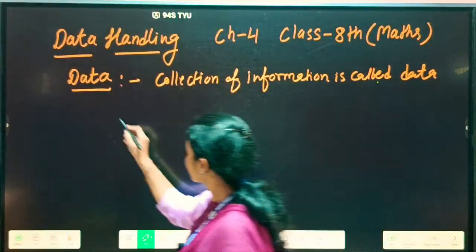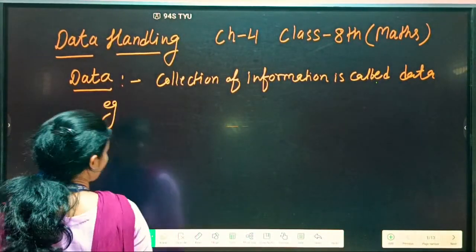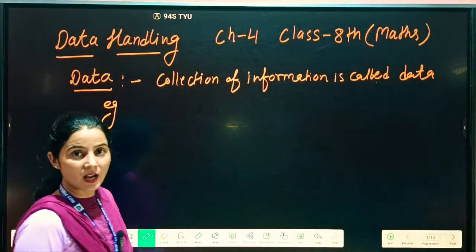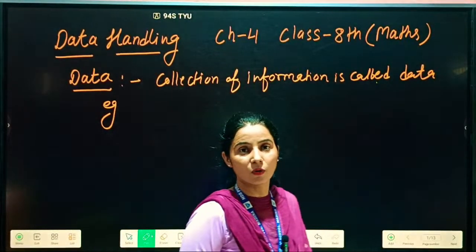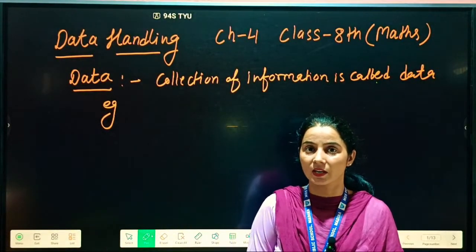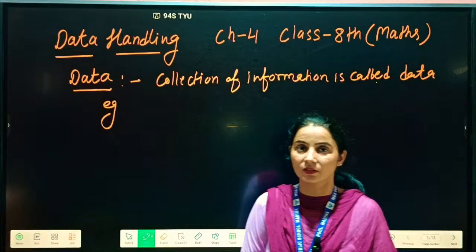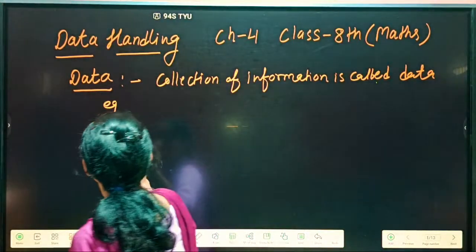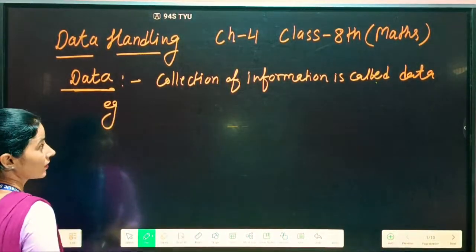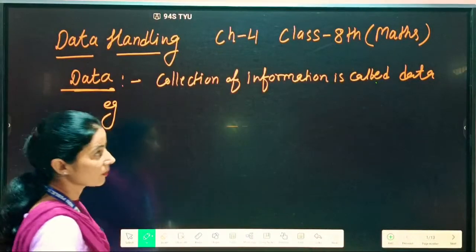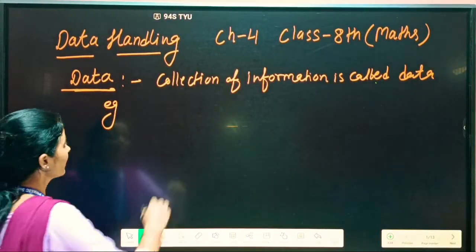For example, runs scored by a batsman in the last 10 ODIs, or suppose I'm asking in class how many students are present, such information is called data. This is information, and information is called data.